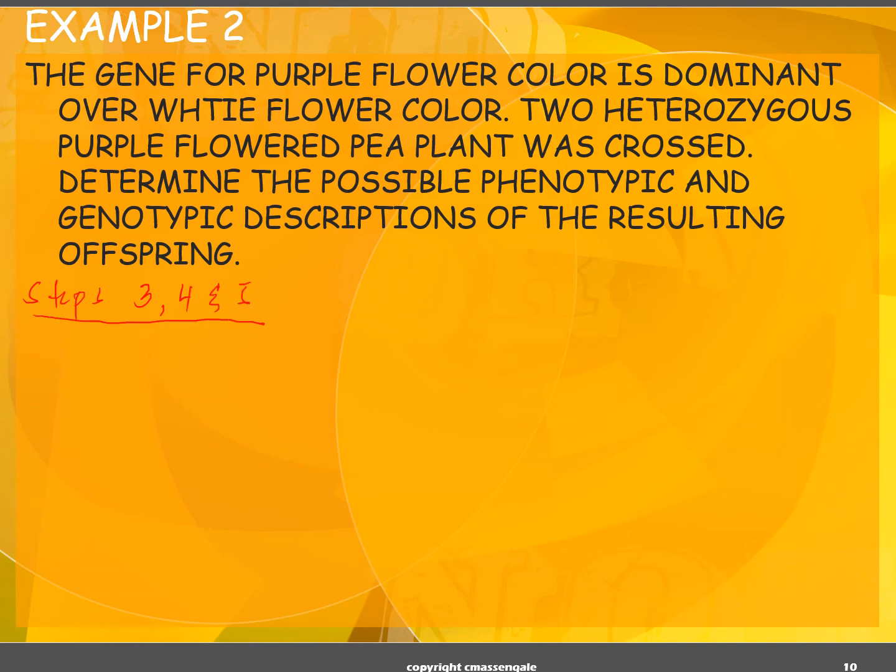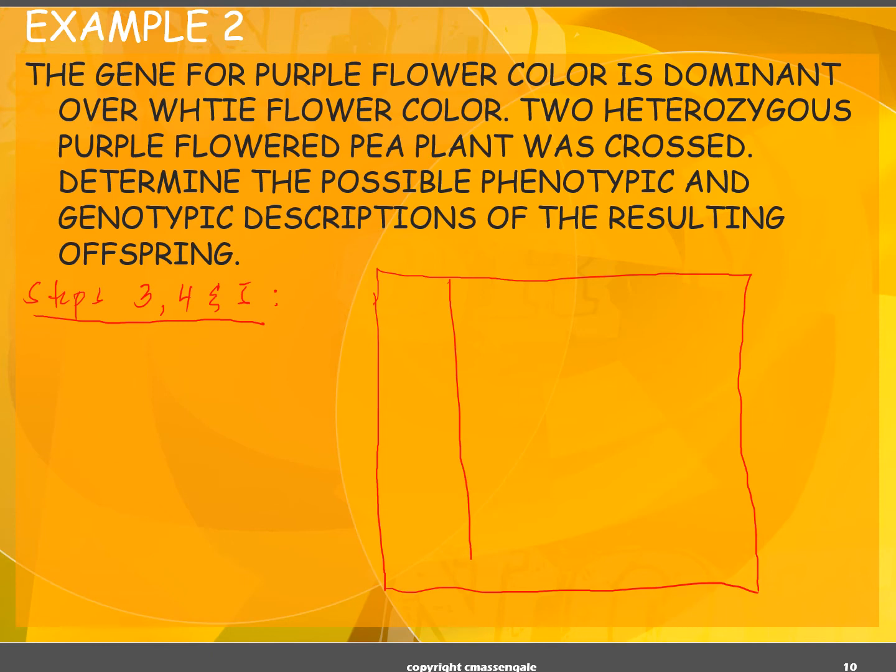So for steps 3, 4, and 5, we will be now using our Punnett square. Plot, cross, and then write the phenotypes of the resulting offspring. So let me just construct here our Punnett square. Yan. So this is our Punnett square. So parent number 1 and then parent number 2.